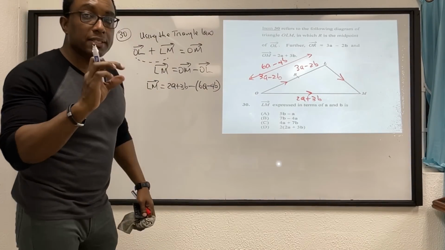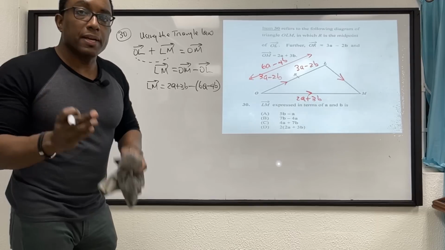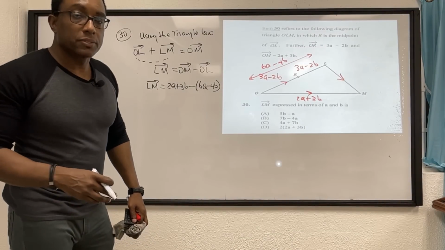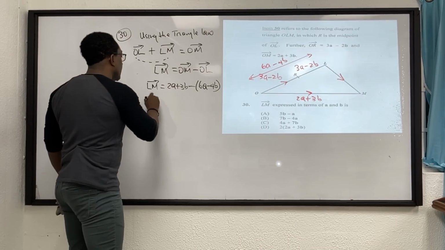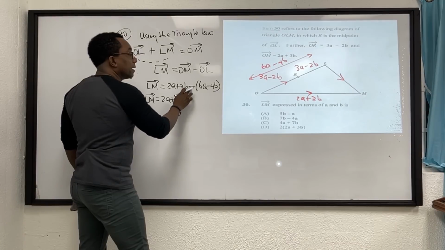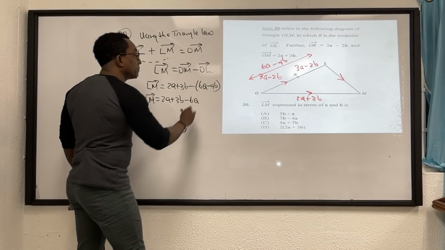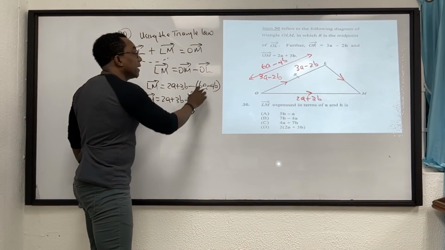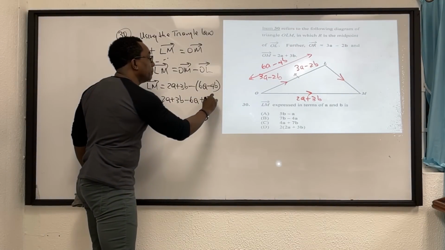Because you have a negative sign and you have two terms coming after, you make sure you put those two terms in brackets. So this becomes what? LM is equal to 2a plus 3b, we remove the bracket, minus 1 by 6a is negative 6a, minus 1 by negative 4b is positive 4b.